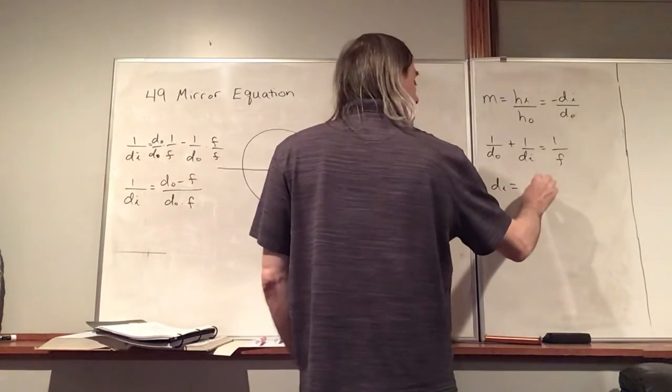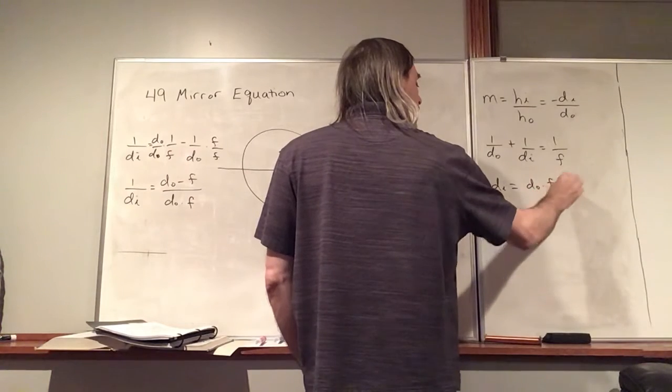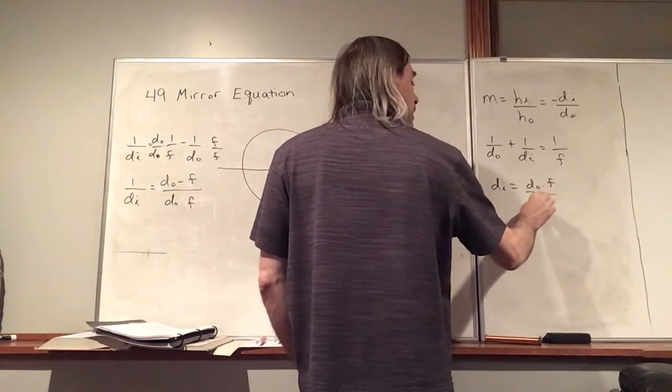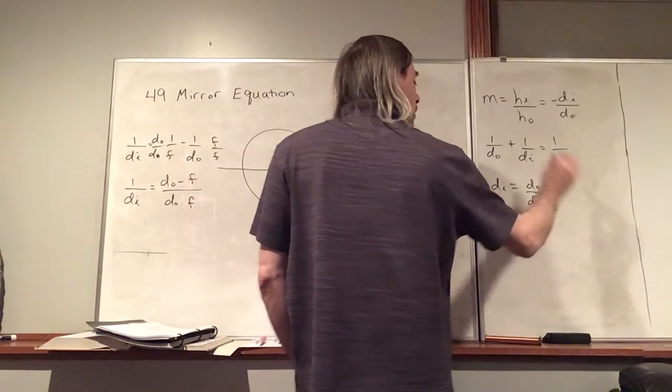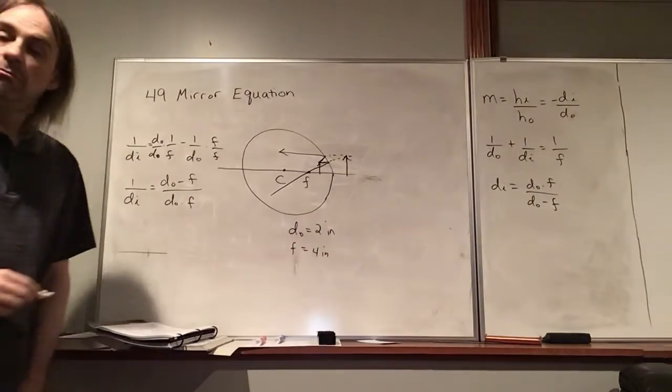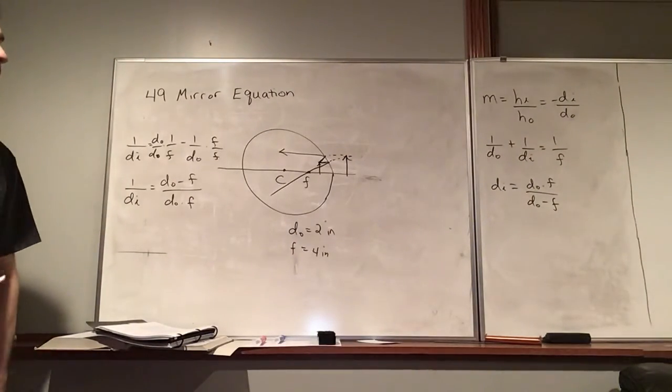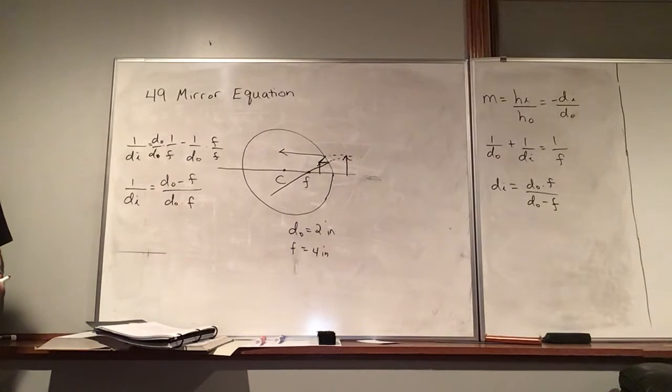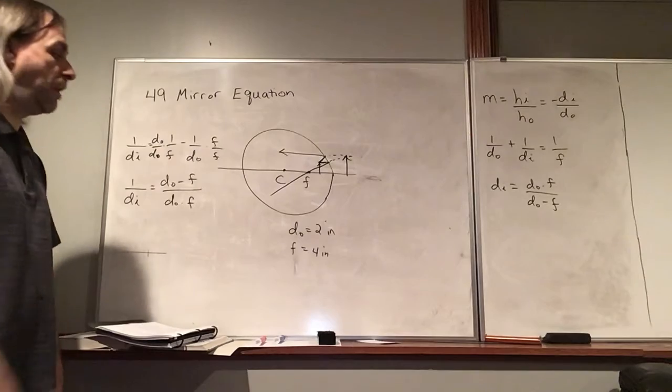DI would be DO times F divided by DO minus F. So you might even want to write that down on your equation sheet if you have a printed copy, just because it comes up fairly often.